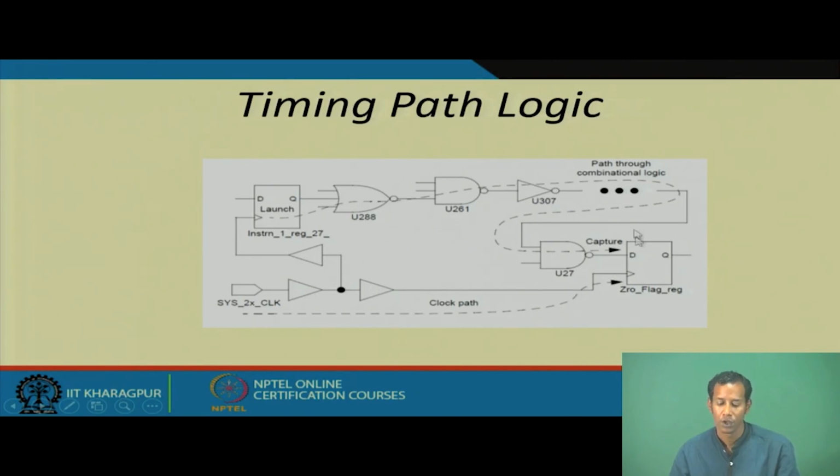Now we have to calculate the timing information, how much time is required to calculate the maximum operating frequency of this particular circuit which we have already implemented. This is the launch edge and this is the capture edge. The time between this launch edge and the capture edge, the summation of this delay, is the minimum cycle time requirement of your circuit.